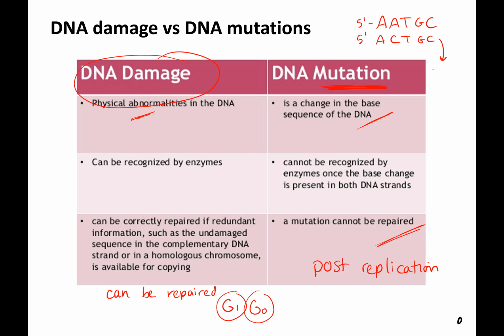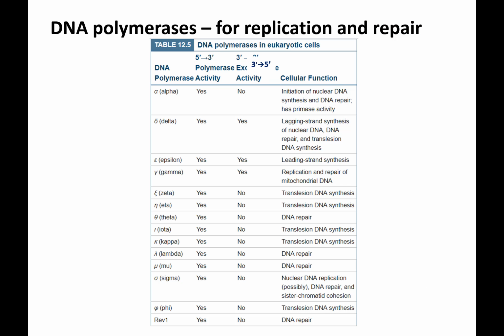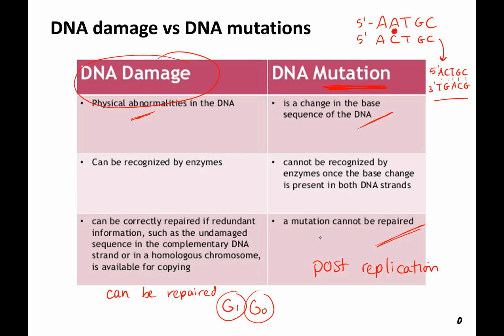Now your strands 5' ACTGC and your 3' TGACG look fine to the cell, right? You got all nice base pairing happening. And once it's been replicated, it can no longer be repaired because it's not recognized by the repair mechanisms.